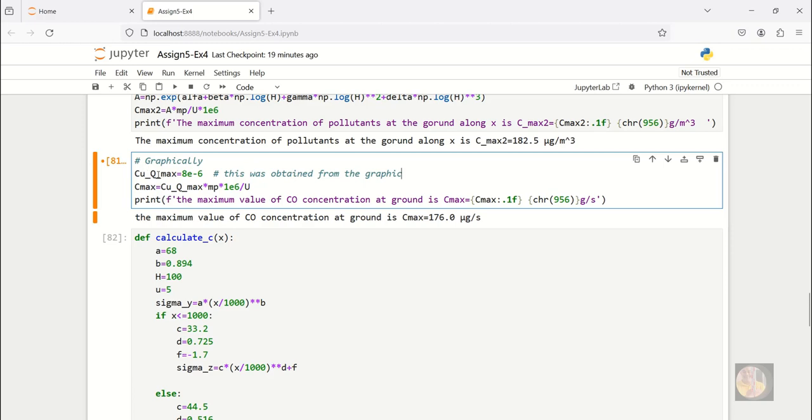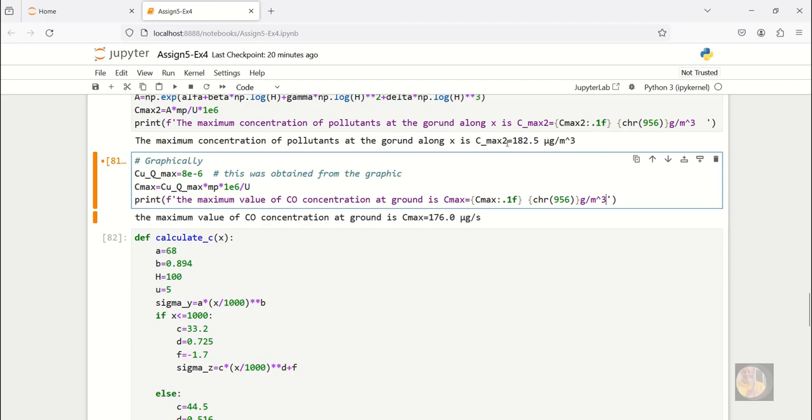So now, if you take this value and multiply it by m point 10 exponent 6 to get the result in microgram per cubic meter, and you divide by u, the wind speed at the stack height, which is given in the exercise, it gives you a result of 176 microgram per cubic meter.